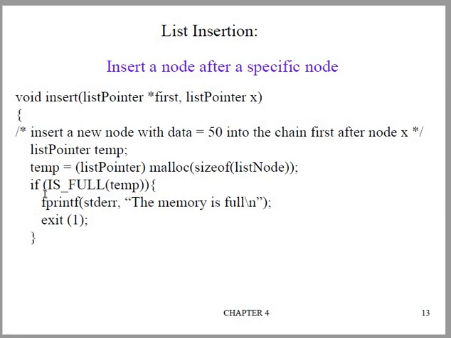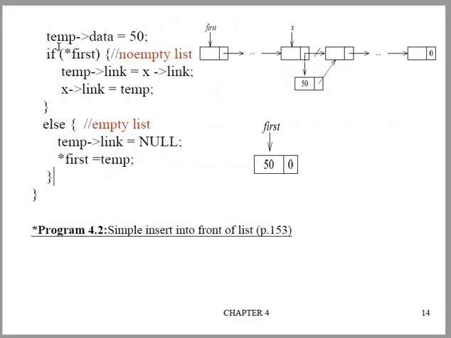If the memory is full, then we cannot allocate the memory space for the node. At that time we'll get an error. Otherwise, read the data from the user and store it. If the first node exists, it means that some nodes are there in the linked list, so x will be pointing to the existing node.